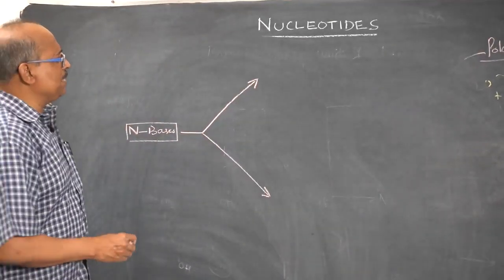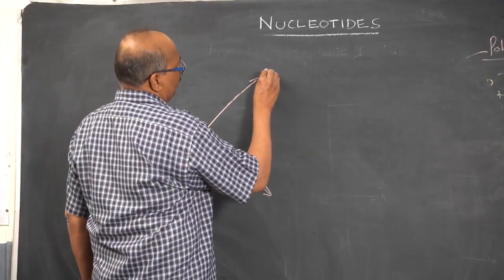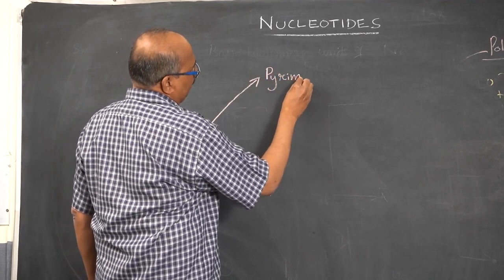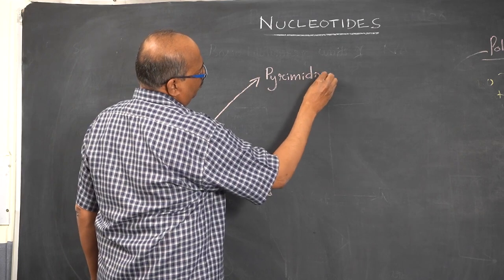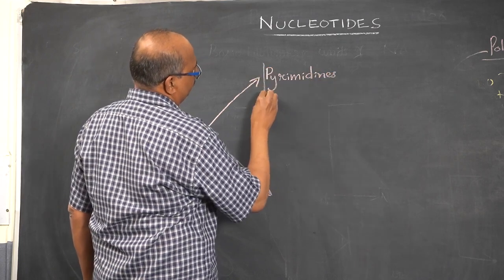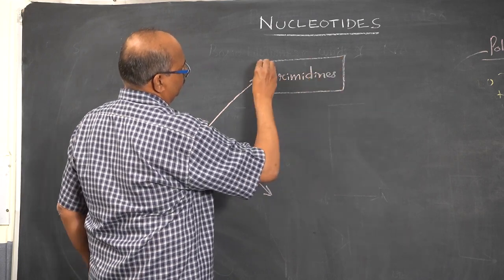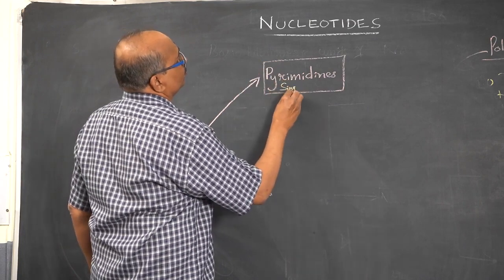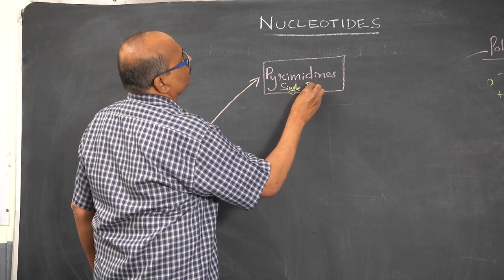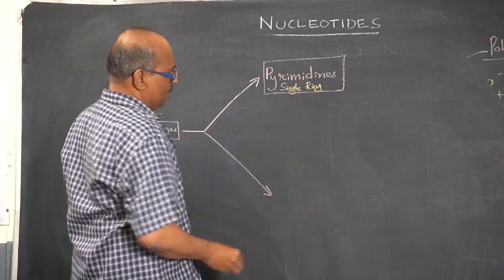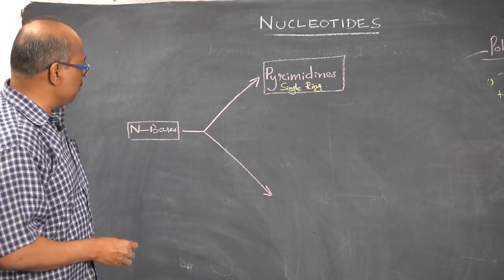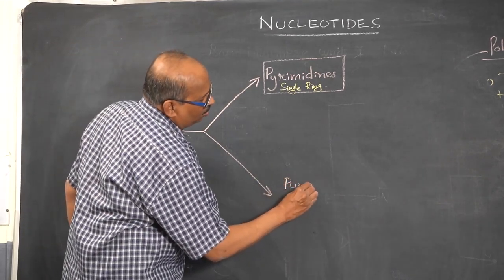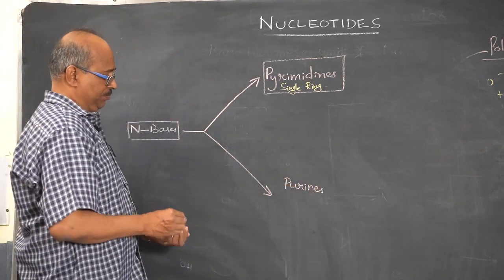The nitrogenous bases having a single ring are called pyrimidines, whereas the nitrogenous bases having double rings are called purines.